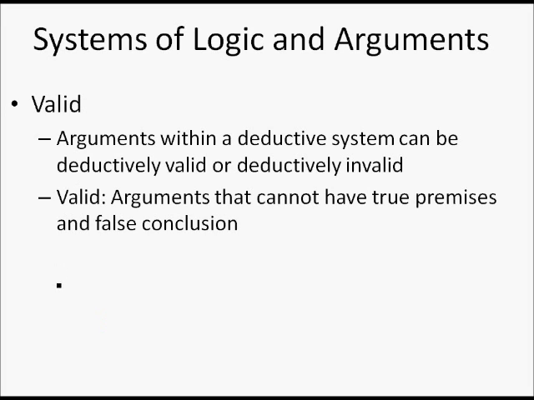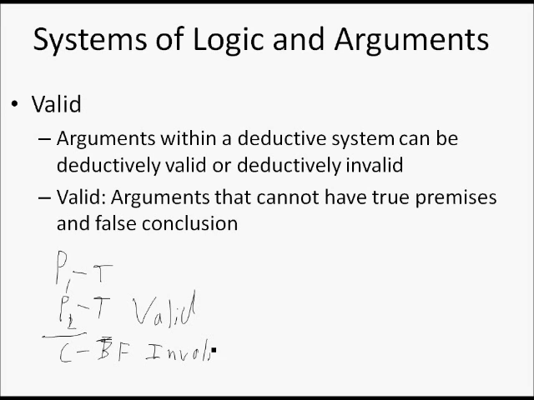And the picture is very similar to the one we just saw: an argument with two premises and a conclusion, if both the premises are true and the conclusion is true, then we have a valid argument. If, however, the conclusion is false, then we have an invalid argument.